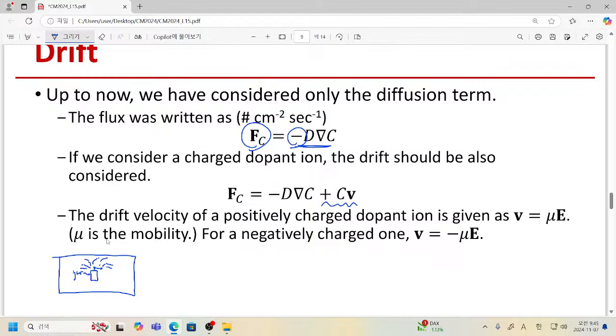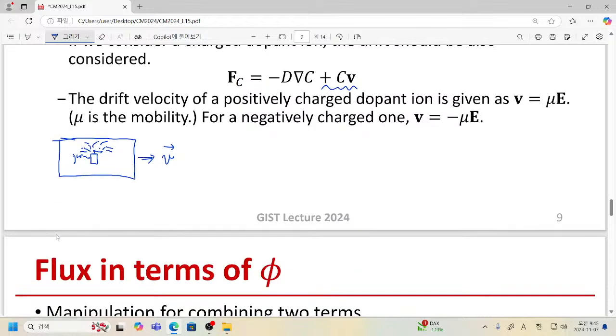But instead of that, now let's say that this box, the system itself, is constantly moving toward this positive x direction with a certain velocity. Then if we are observing this point, and let's say that this is the origin of our observation.